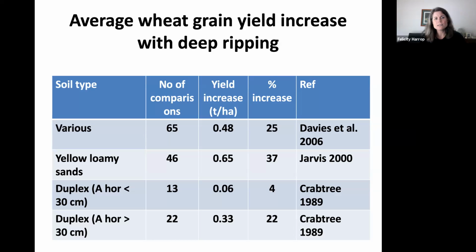Yeah. Is there a guide for moisture levels for different soil types for ripping anywhere? Oh, look, in our climate, you've got a long period when the soil is dry, and you're most likely to get effective ripping on the sands.